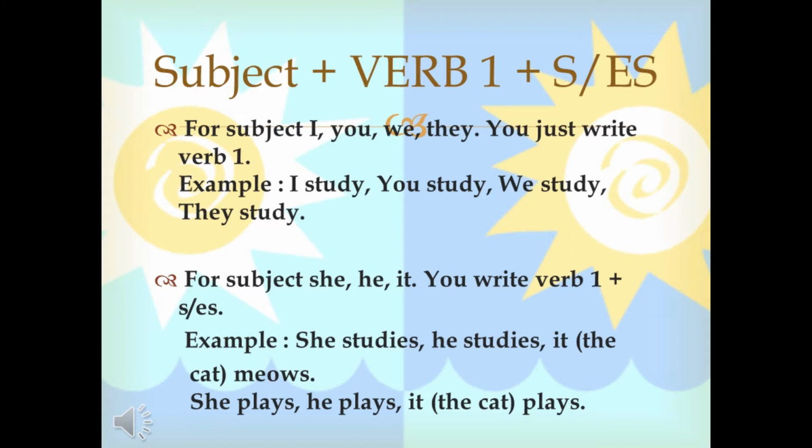For subjects she, he, it, you write verb 1 plus s or es. For example, she studies, he studies, it, the cat, meows. Or she plays, he plays, it plays.